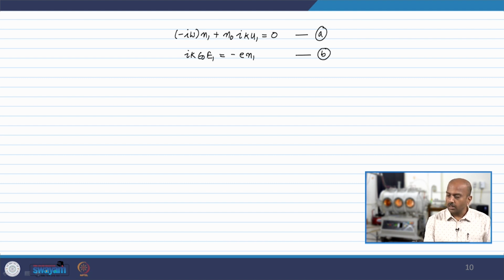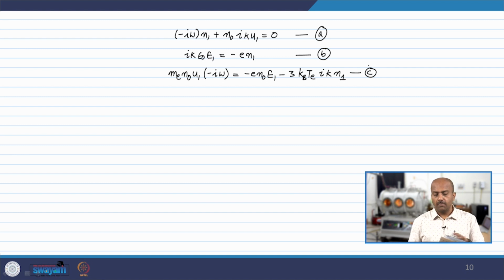This is equation B, resulting from the Poisson equation. And the momentum equation, when linearized and upon substitution of the sinusoidal solutions, will be m e n naught u1 times minus i omega is equal to minus e n naught E1 minus 3 k B T e i k n1. This is C. So, we have A, B and C.